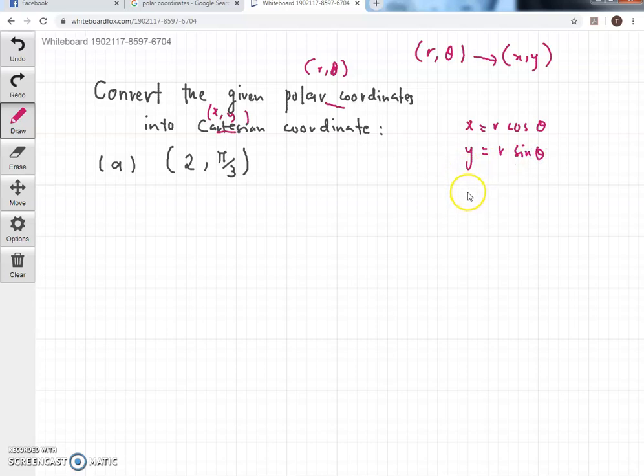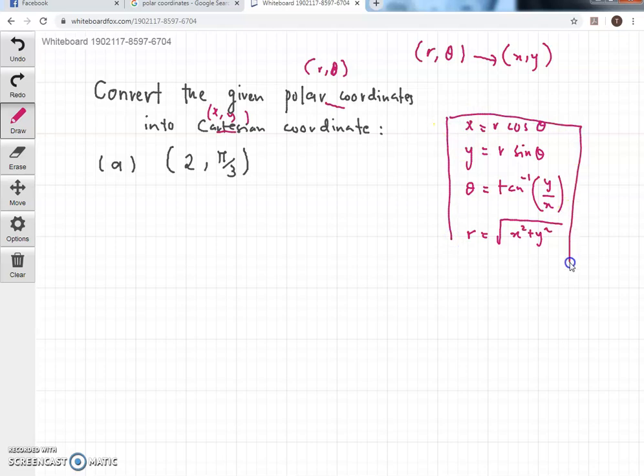What else do we have? We have theta equals the tangent inverse of y over x, and the value of r can be obtained by using the square root of x squared plus y squared. These are the formulas that we already derived in the first video. So here we are going to use them again in our calculation.